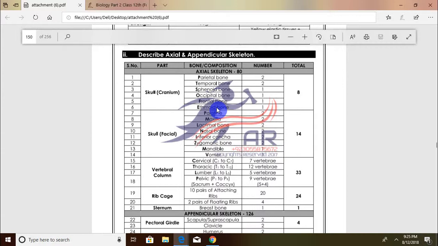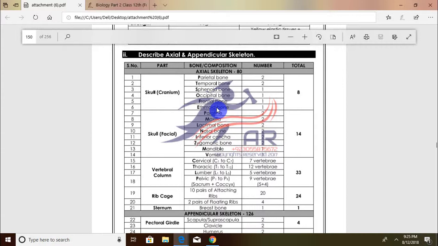So the cranium has a total of 8 bones, and 2 of them happen to be paired, and we have 4 that happen to be unpaired, making a total of 8.